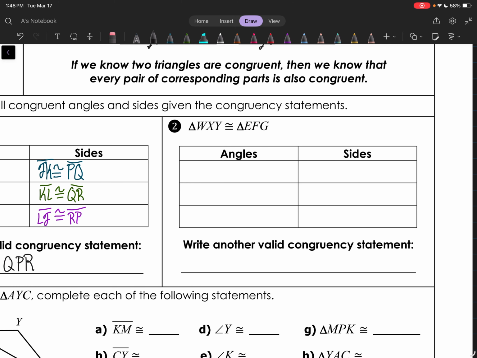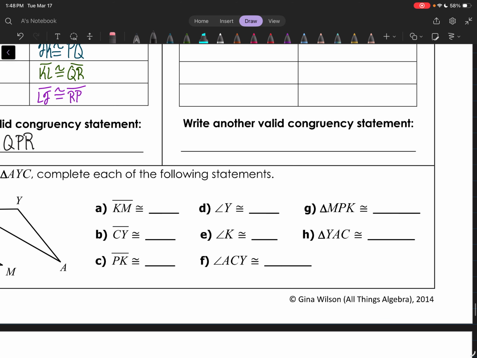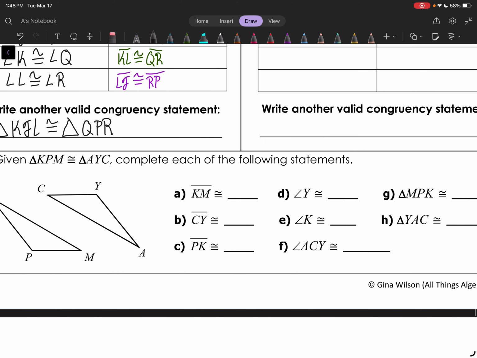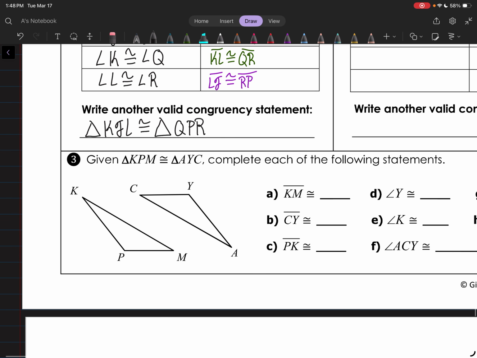Try number two. Given triangle KPM is congruent to AYC, complete the following statements. KP is congruent to AY. PM is congruent to YC.